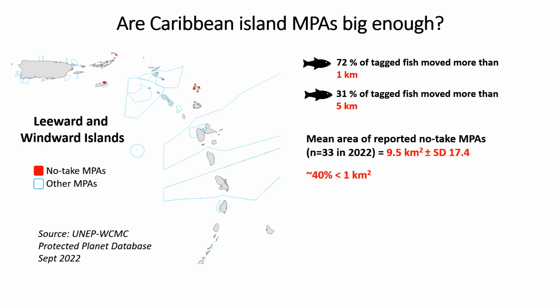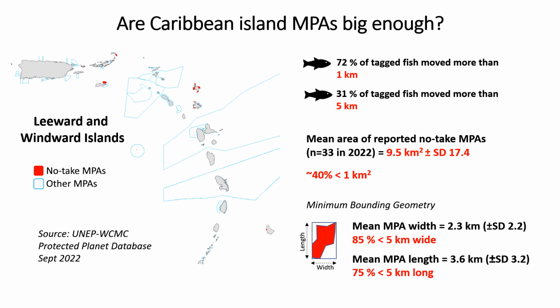Based on measurements of the spatial dimensions of 33 no-take MPAs in the Eastern Caribbean, the average MPA area is estimated at 9.5 square kilometres, with 40% of no-takes being less than 1 square kilometre. Measurement of the MPA width and length shows that 85% of MPAs are narrower than 5 kilometres and 75% shorter than 5 kilometres in length.